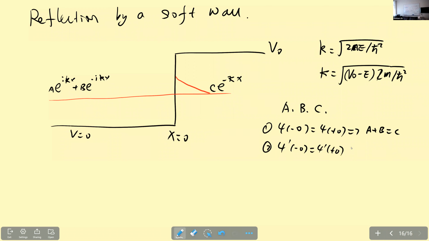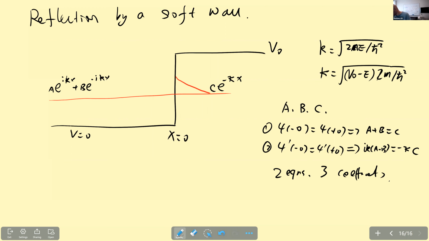So this gives ik(A minus B) equals minus κ times C. Two equations, three coefficients, right? So any function should be possible. So any energy should be possible, right?